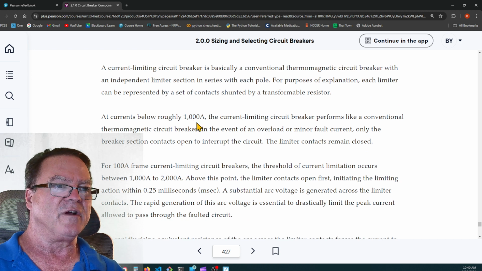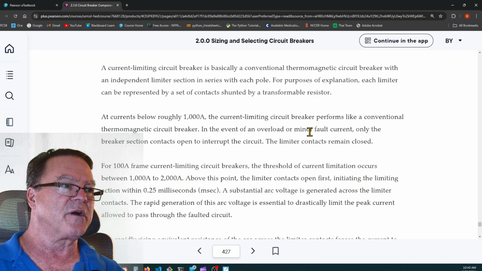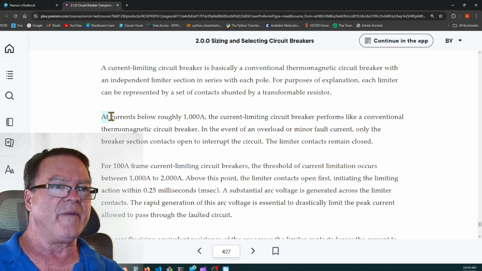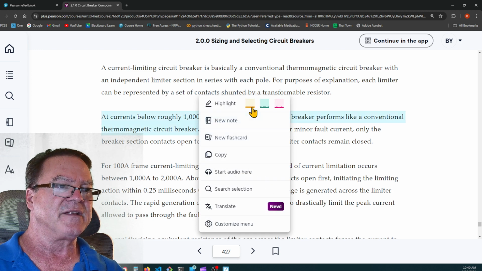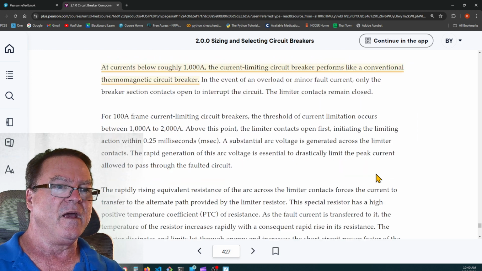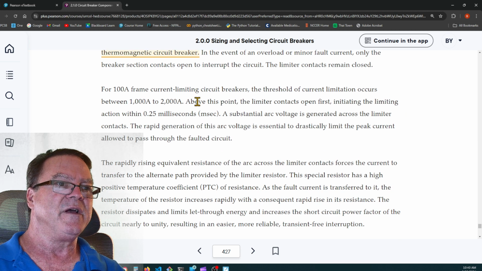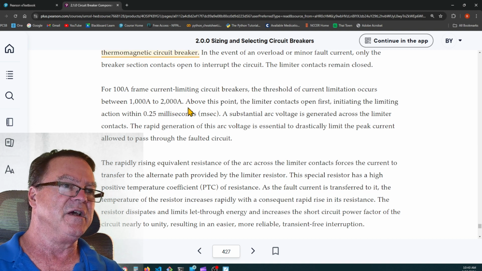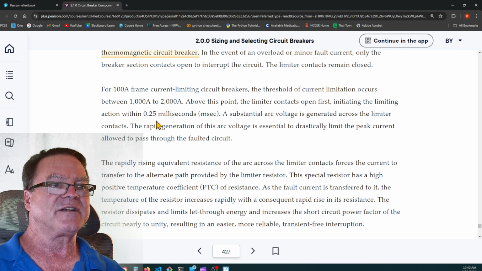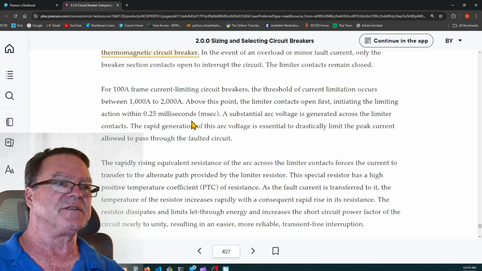At currents below roughly 1,000 amps, the current limiting circuit breaker performs like a conventional thermomagnetic circuit breaker. For 100 amp frame current limiting circuit breakers, the threshold of current limitation occurs between 1,000 and 2,000 amps. Above this point, the limiter contacts open first, initiating the limiting action within 0.25 milliseconds.